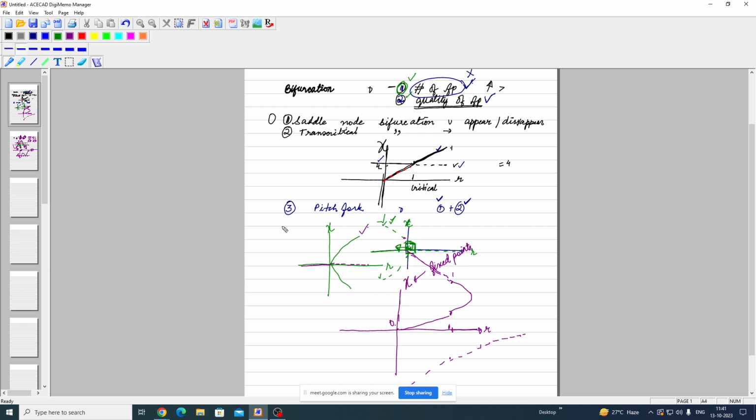So you see here, I was explaining to you what a pitchfork bifurcation looks like, and this is a very neat diagram of a pitchfork bifurcation. Because the new fixed points are appearing here, and it's exactly around 0 that the existing fixed point is switching its stability. It's all neat and tidy.